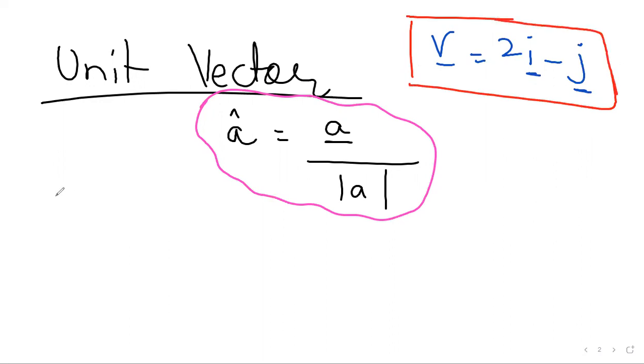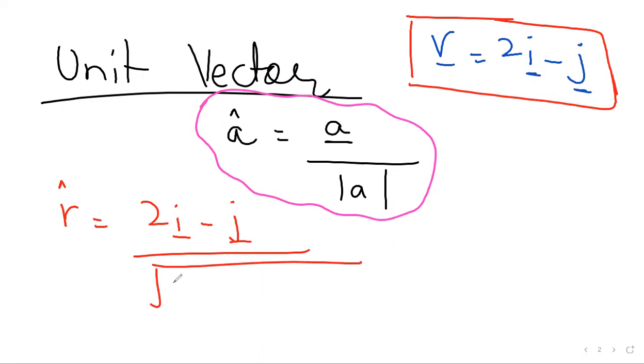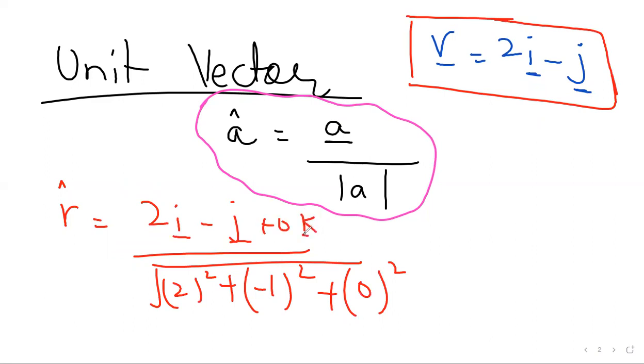How will we do that? For example, the vector V = 2i minus j is given. K is not present in the question, no problem. I coefficient 2 squared, minus 1 squared for the j coefficient, and there is no k coefficient, that's why I'm putting 0.